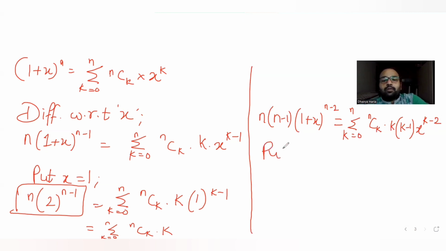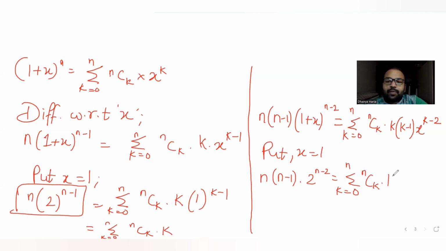Again, if I put x as 1, what do we get? n into n minus 1, 2 raised to n minus 2, equals summation of k equals 0 to n, nCk into k square minus k, with 1 raised to k minus 2, because we have put x as 1. 1 raised to anything is always 1, so multiplying it with 1, we get the same expression left out.